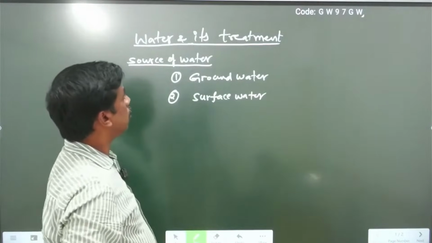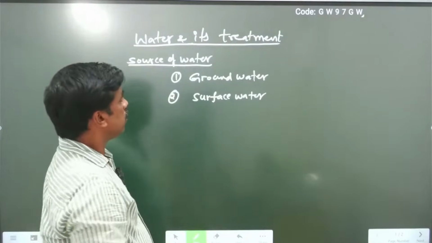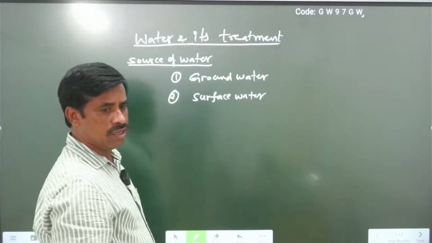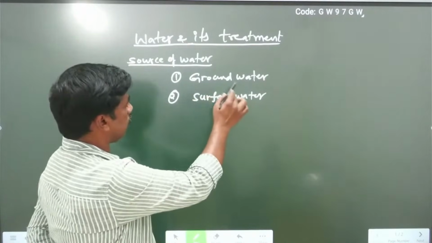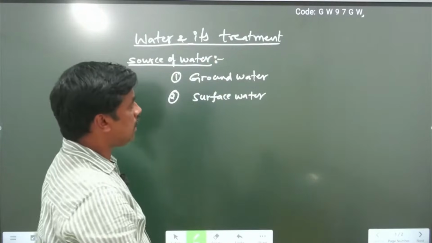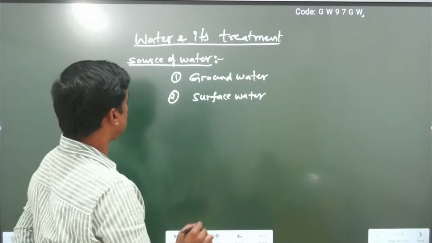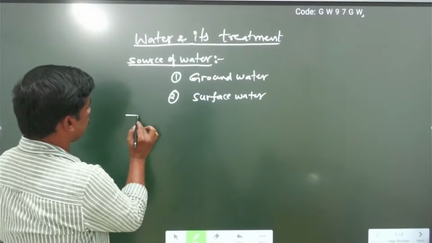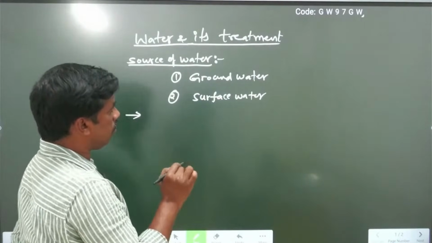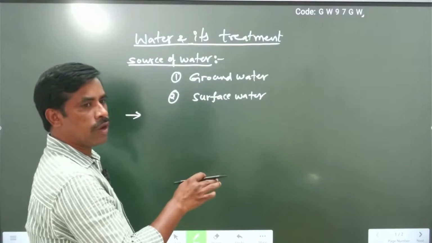These are naturally occurring sources only. Naturally occurring sources contain a lot of impurities and dissolved salts. These salts, impurities and minerals get added into the water.